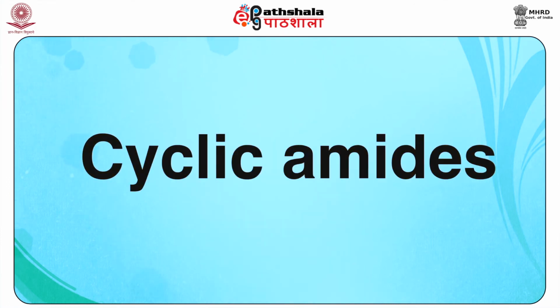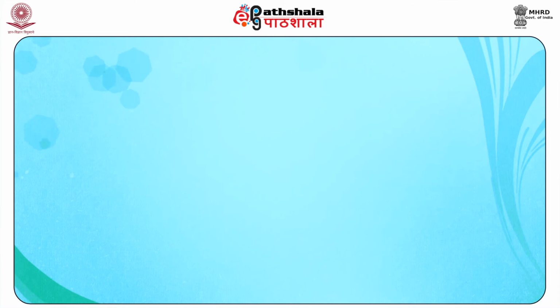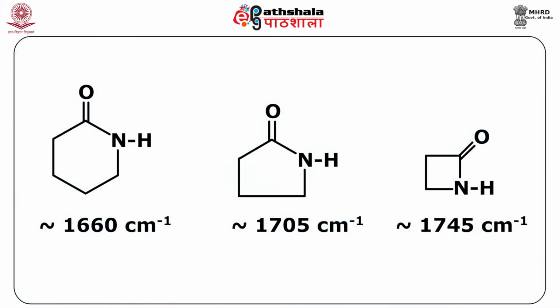Coming on to tertiary amides. Tertiary amides show C double bond O stretching band in the range of 1680 to 1630 cm inverse, but do not show any NH stretching band. Coming to cyclic amides, the CO stretching frequency is shifted to higher frequency with decreasing ring size.